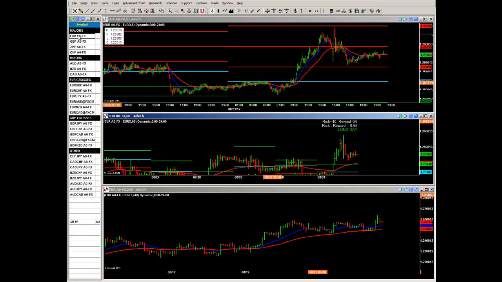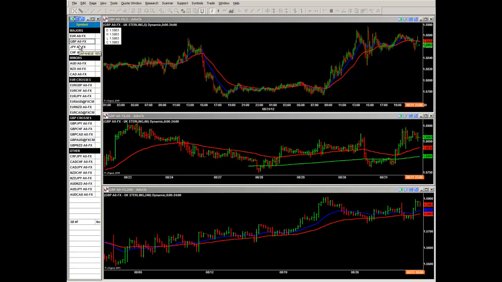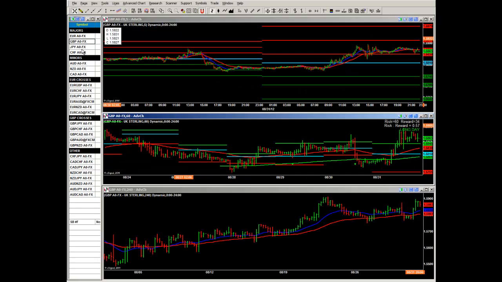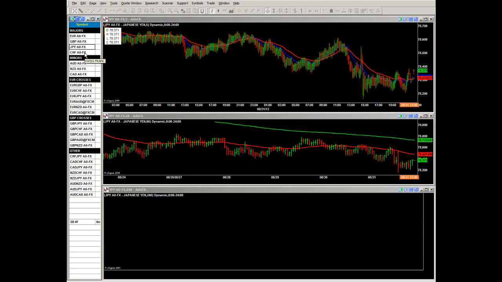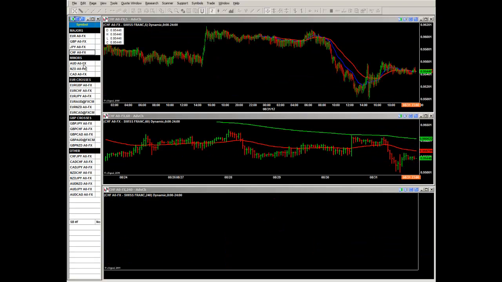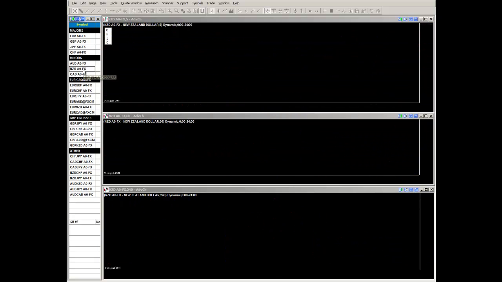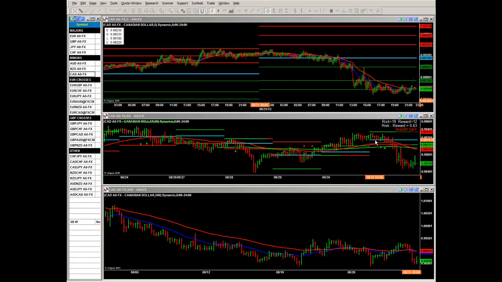This is telling me to buy. So I'm going to look through a couple of charts and see if there are any where those lines are very close to each other. Let's have a look. Okay, we've got something there. The Swissy, Aussie, Kiwi, let's see, CAD. Alright, let's try this one. These two lines are right close to each other, and it's telling me it's a sell day.